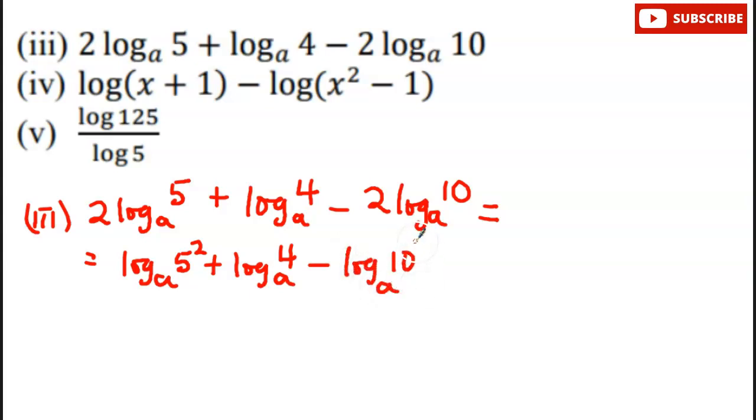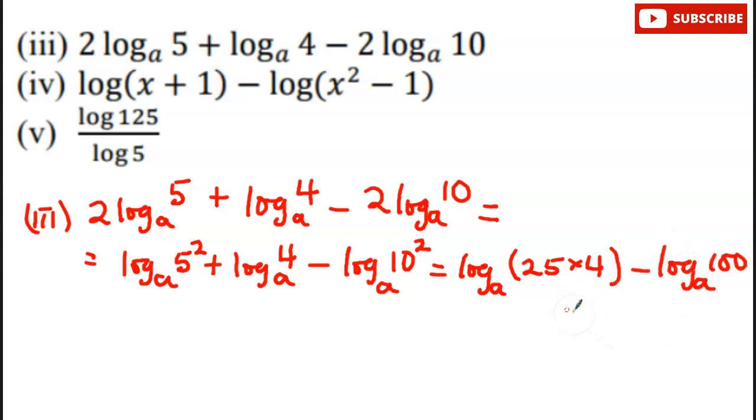So this is the same as log to the base a of 5 squared, which is 25, times 4, minus log 100 to the base a.